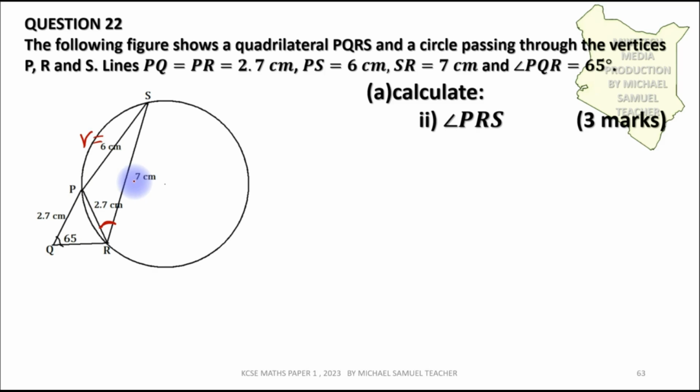Then this side is opposite vertex P, so p is equal to 7 centimeters. And then S is the vertex, PR is opposite vertex S, so small s is equal to 2.7. So I hope that is clear.